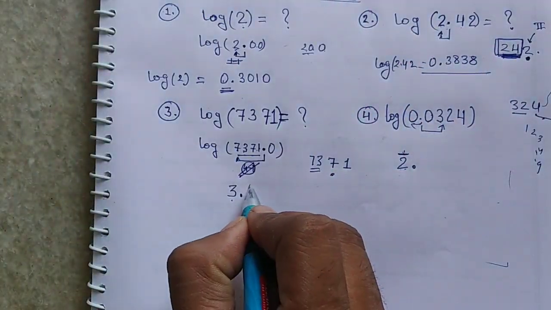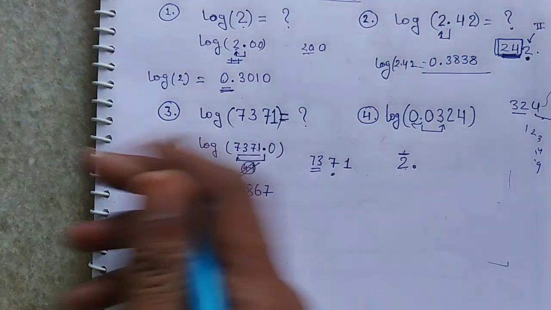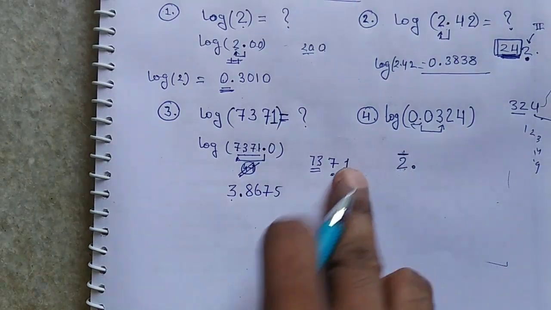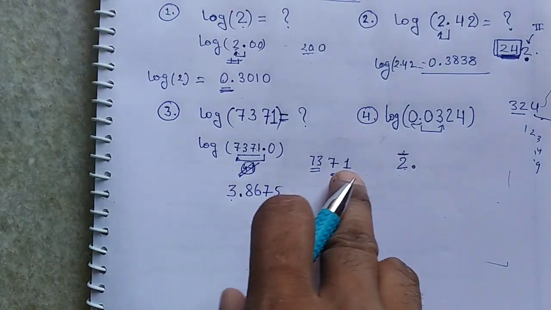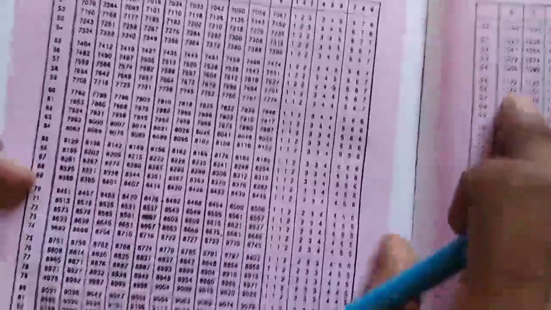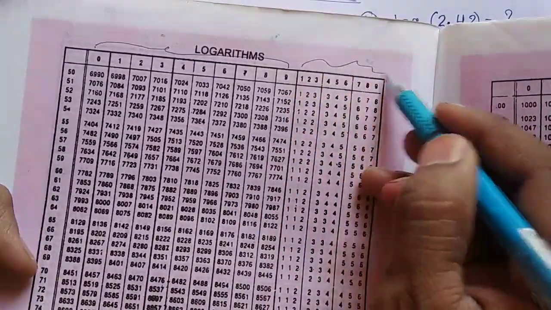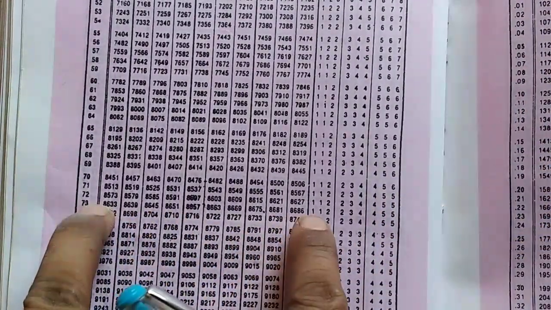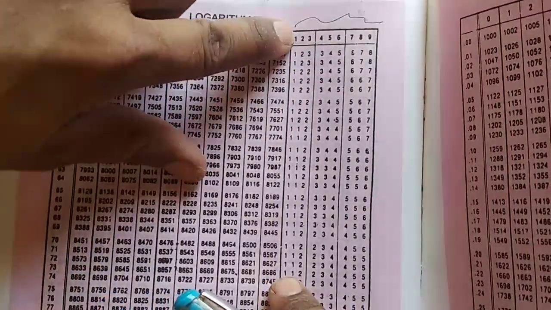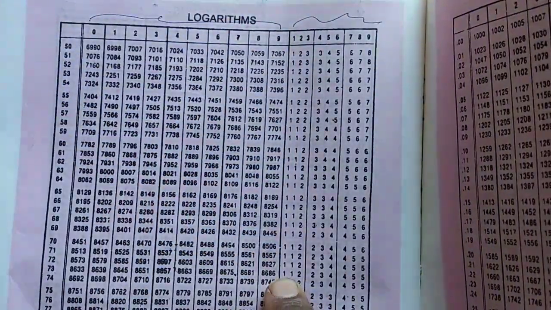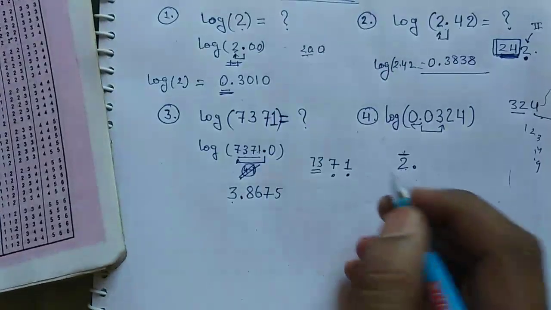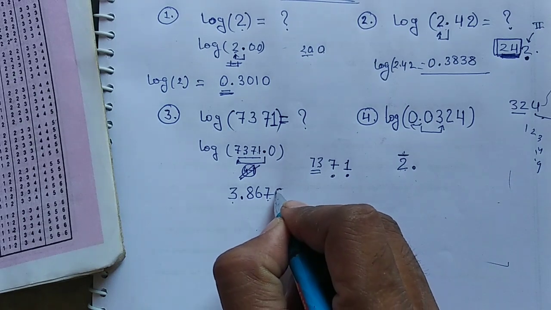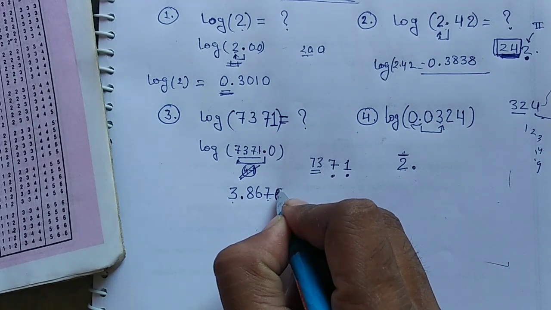So let me write down over here 86 7 5. There is one more digit after 7, so this one is seen in the third column against 73. Look over here 73, and you can see it is 1 against 73. So this will become not 75, 1 will be added in this, it will be 76.